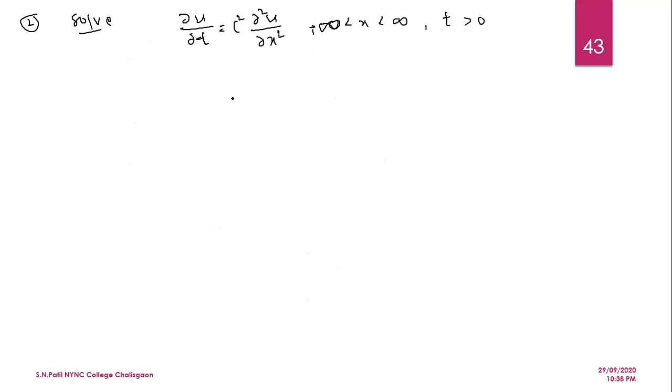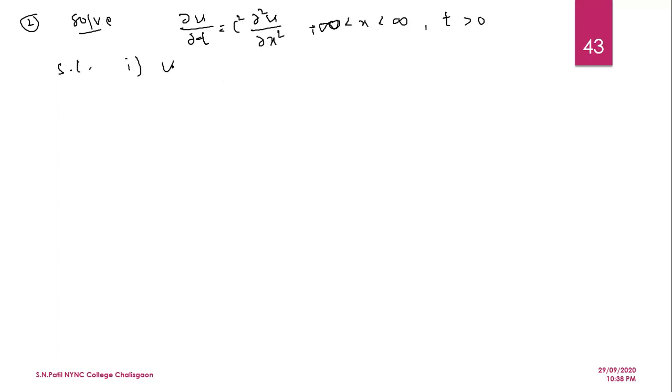Now second problem, solve the boundary value problem: ∂u/∂t = c² ∂²u/∂x², suppose c square is 1, otherwise take c square. x lies between minus infinity to plus infinity, t is positive, and subject to the conditions.